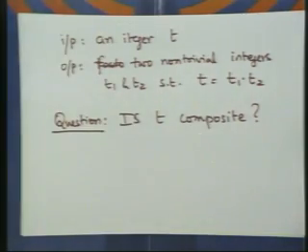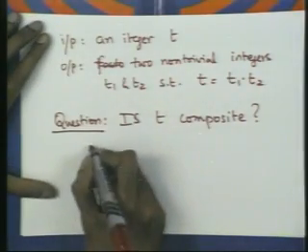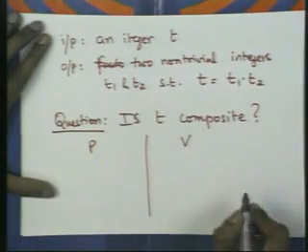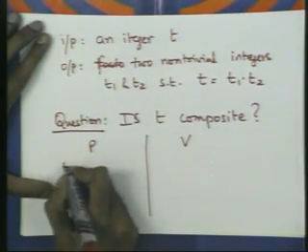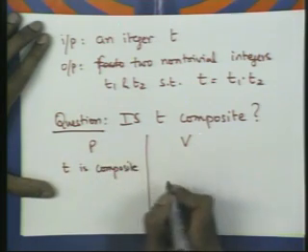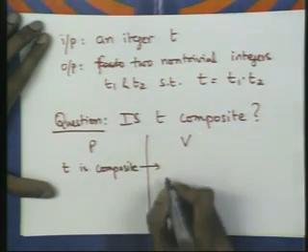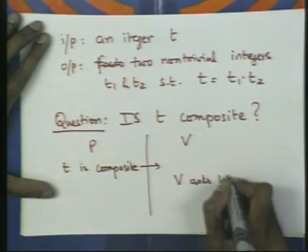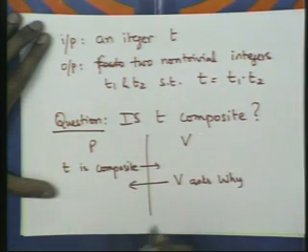Let's play the same prover verifier game. So here is the prover, whom I'll call P, and here's the verifier V. So P says T is composite. Now V asks why. Now P has to convince V that in fact it is composite.